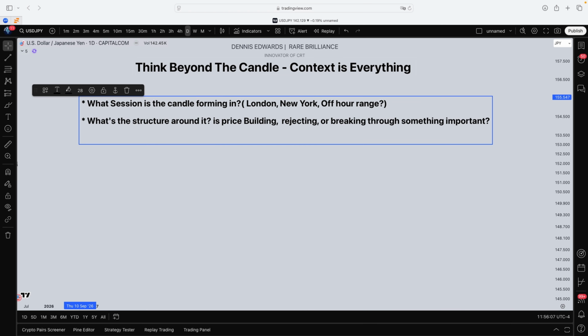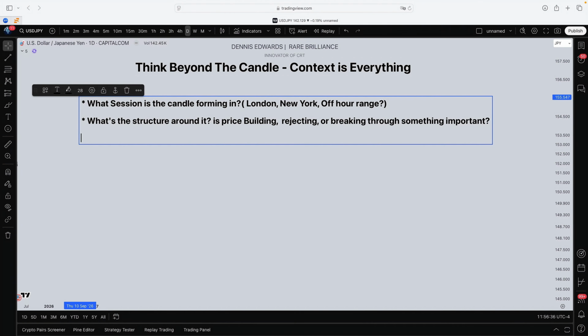Next is, what liquidity is this candle grabbing or pointing toward? This is probably the most important thing that will help you gauge the correct direction of the market and of the candle. You want to ask, what liquidity is this candle grabbing? Or if it's not yet grabbing it, which one is it pointing toward? Is it pointing bullish or bearish?